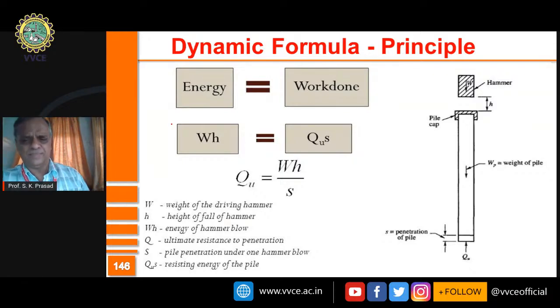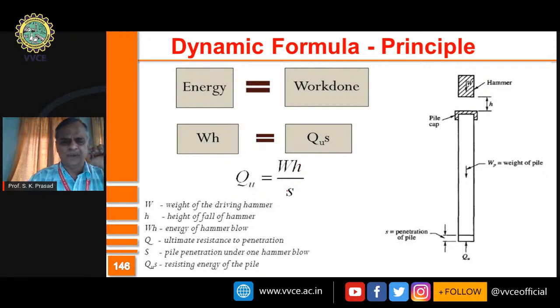If the applied load is more, automatically the energy is more and the penetration also will be more. So basically, capacity is load carrying capacity, multiplied with the penetration. So in a very simple term, WH is equal to QU by S. QU is the capacity, and hence that's what you need to find out, WH by S.